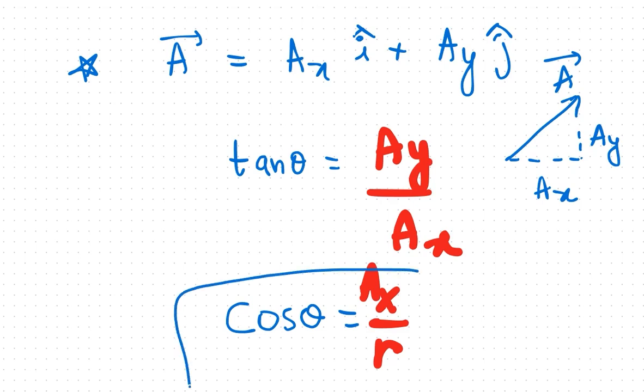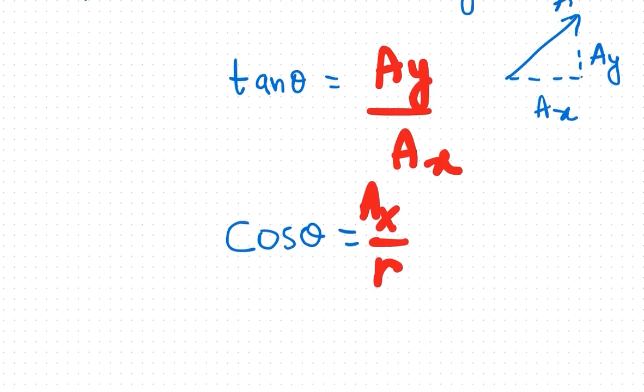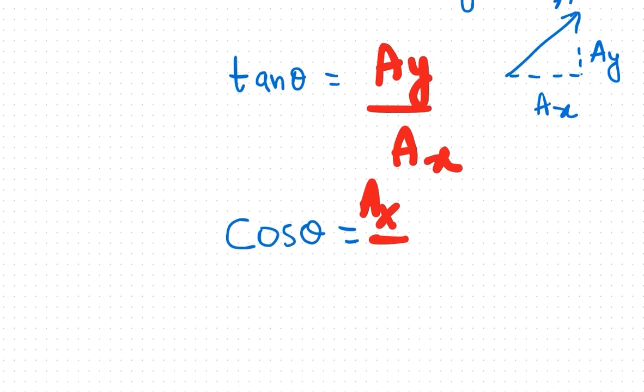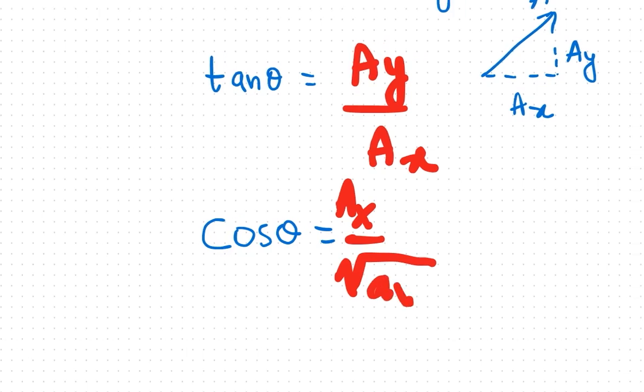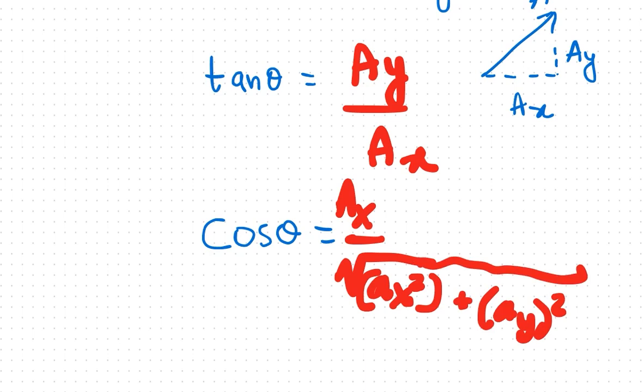So cos theta will be equal to Ax upon the square root of Ax squared plus Ay squared.